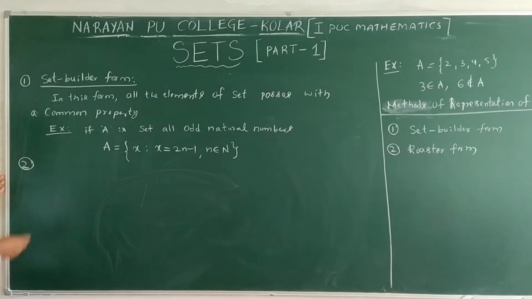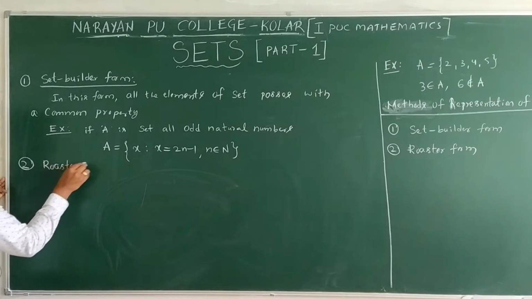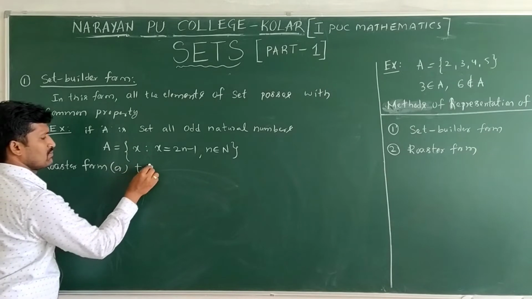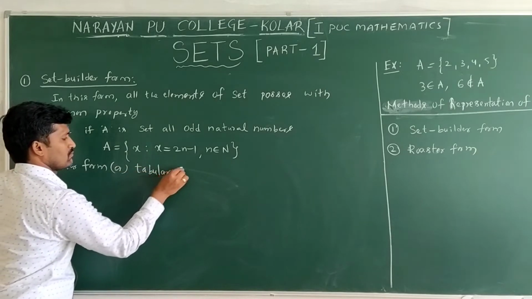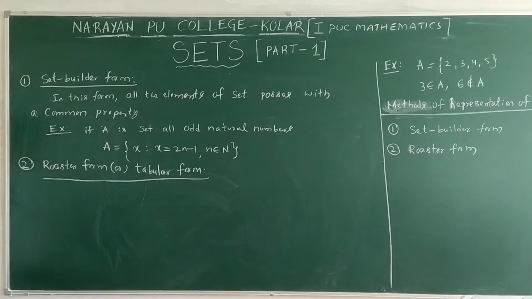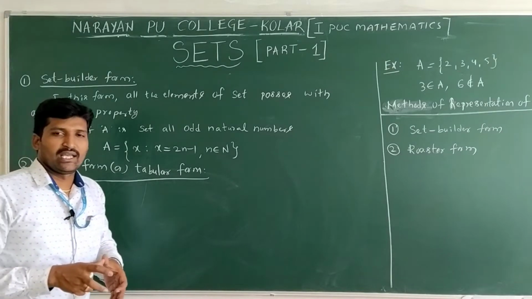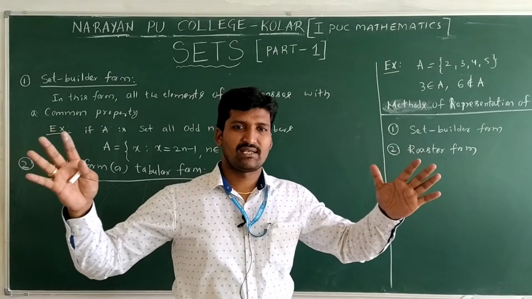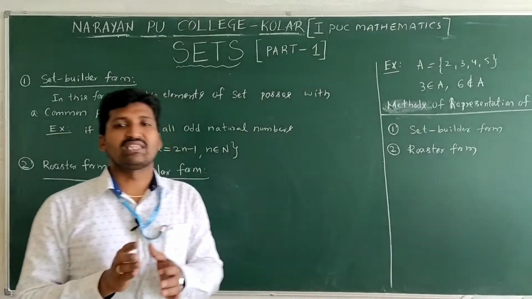Coming to the second one, roster form. It has another name also, tabular form. Roster form or tabular form. This is very simple. All the elements of set are expressed in between braces, flower brackets, and each element is separated with commas.